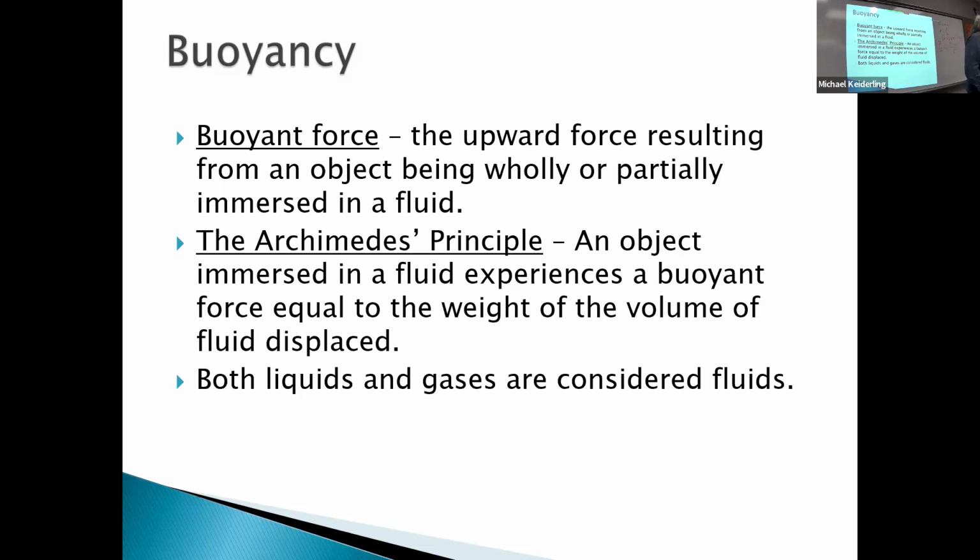So it sinks. But if we have something that has less weight, this should have less weight, but it doesn't fit in the jar.